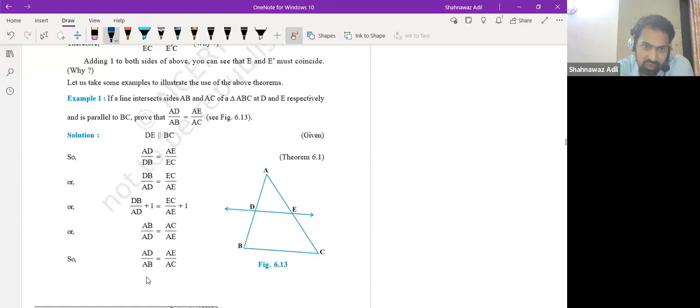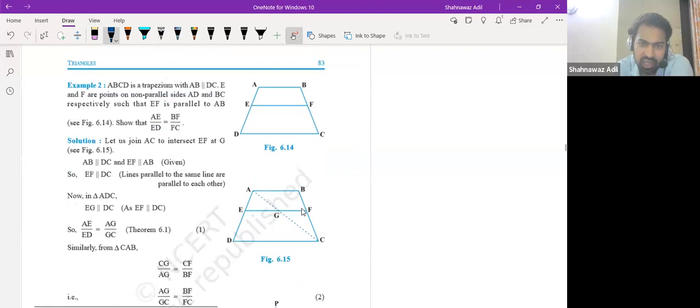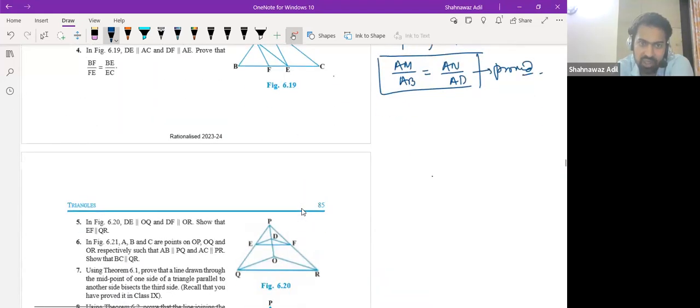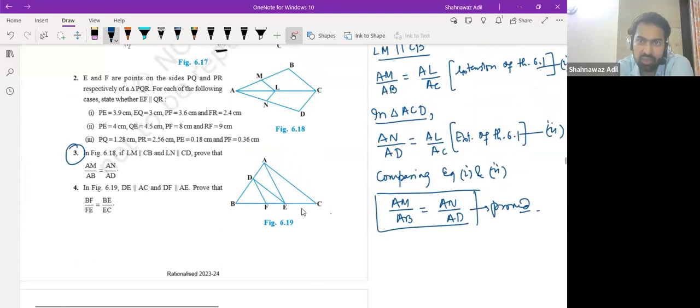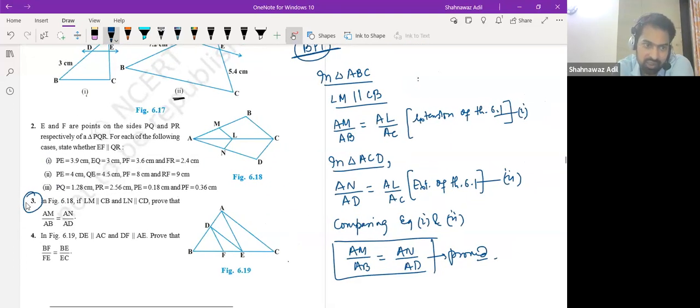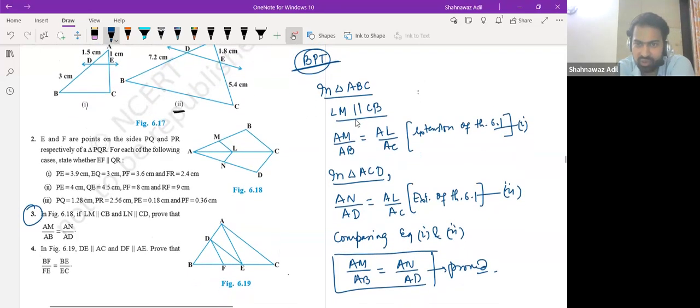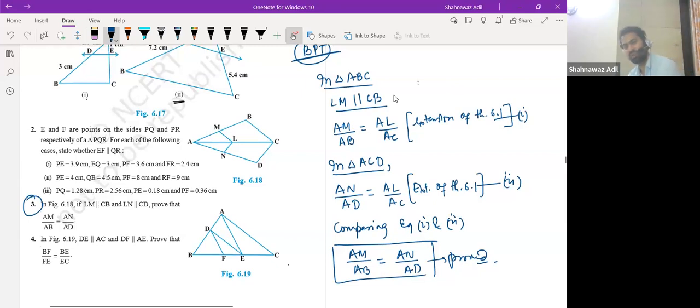So this they have written. Now, it will depend upon the marks of the question. Let's say they ask you this question for 4 marks. Then you have to first prove that AM by AB is equal to AL by AC. But you can use this one, so no harm in that.